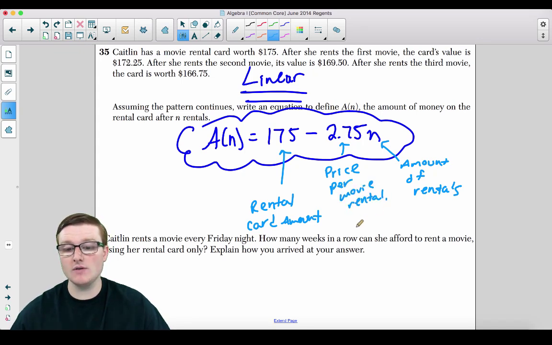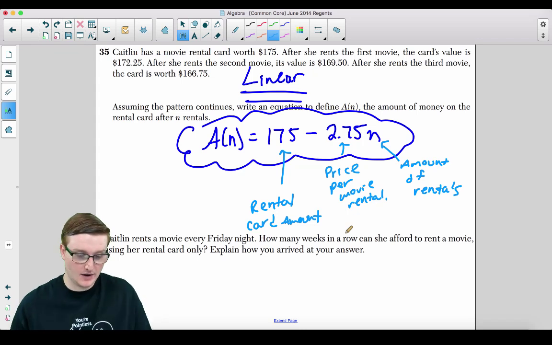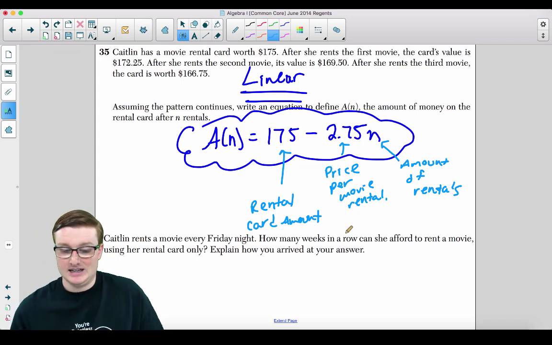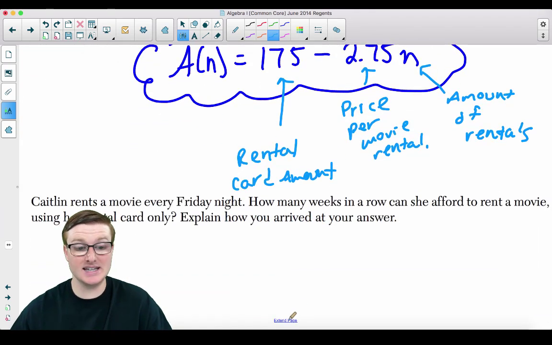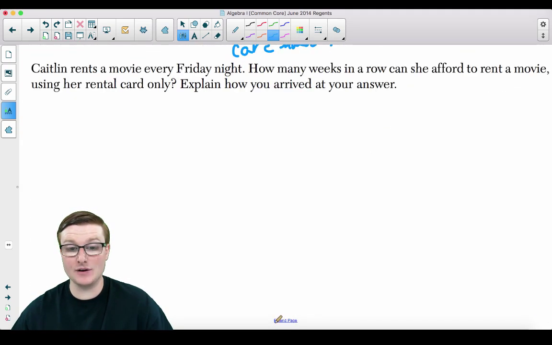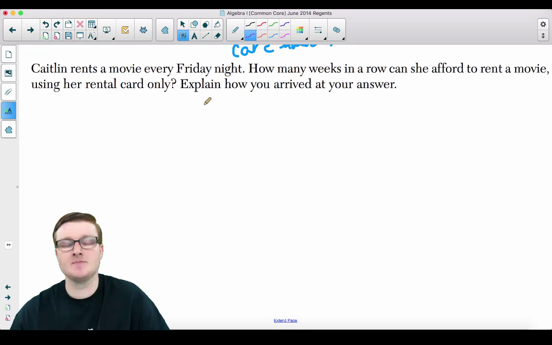So each time you rent a movie, it costs you $2.75. Now the second part says Caitlin rents a movie every Friday night. How many weeks in a row can she afford to rent the movie using her rental card only? Explain how you arrived at your answer.